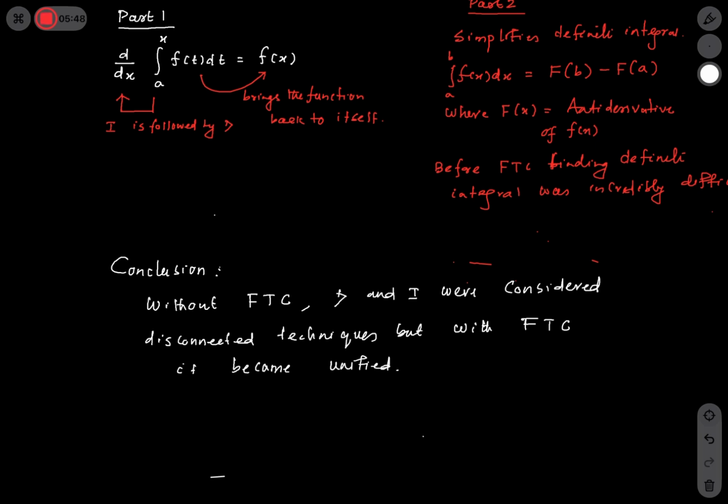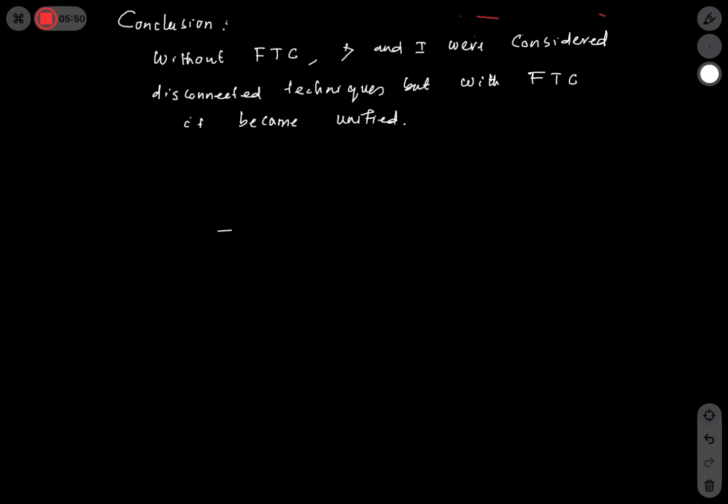Now we'll prove part 1 of the fundamental theorem of calculus. We're going to prove in detail part 1 of FTC. This theorem says d by dx of the integral from a to x of f(t) dt equals f(x).